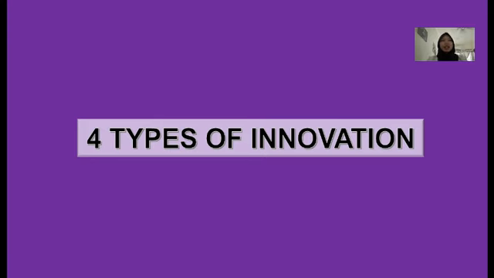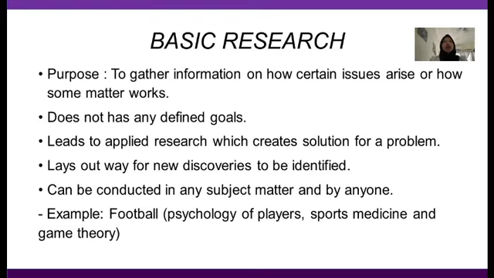Okay guys, let's move on to the four types of innovation. I will explain these types of innovation more deeply with explanations. The first one is basic research. The purpose of basic research is to gather information on how certain issues arise or how some matter works.